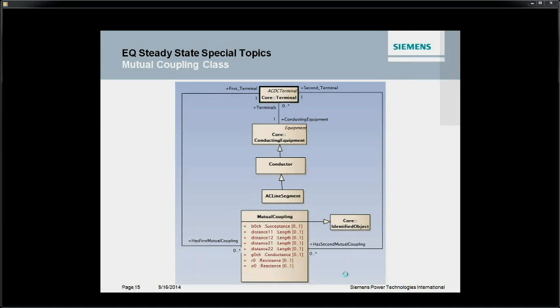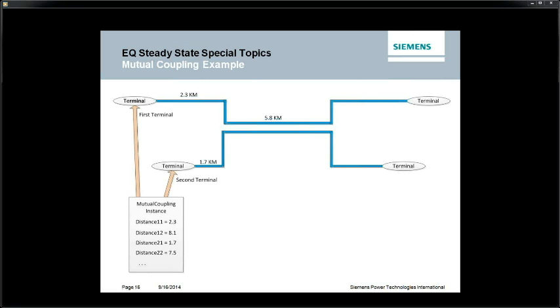Now, how does that apply to real life? Given the previous UML example, we have a mutual coupling instance. It has a first AC line segment terminal pointing to the reference terminal of the first AC line segment. The second reference terminal points to the reference terminal of the second AC line segment.